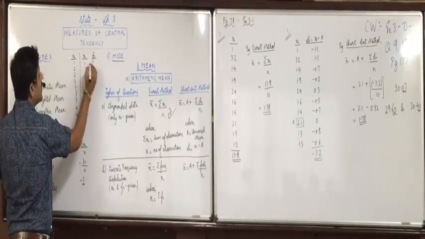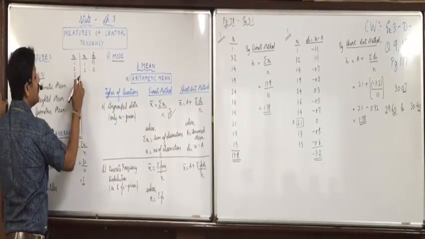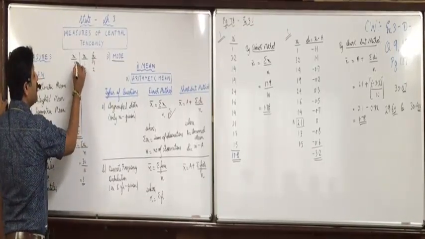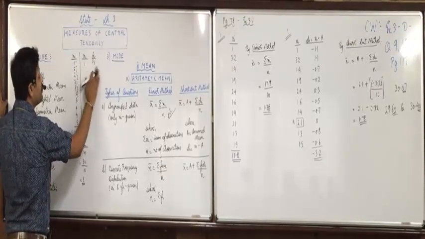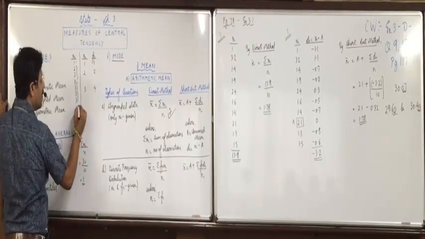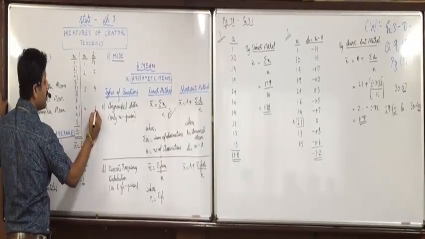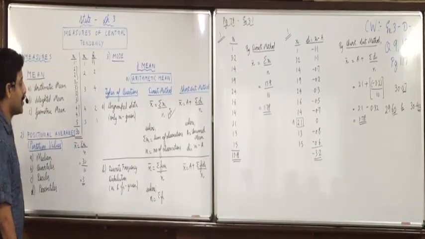Means, can I say 1 is occurring 1 time? 2 is occurring 2 times? 3 is occurring 4 times? 4 is occurring 2 times? And 5 is occurring 1 time. Any confusion in that?